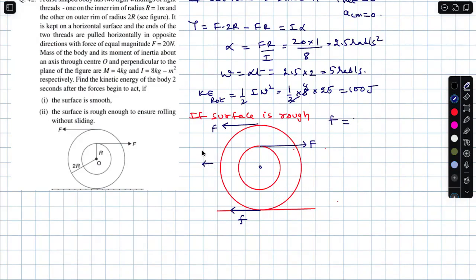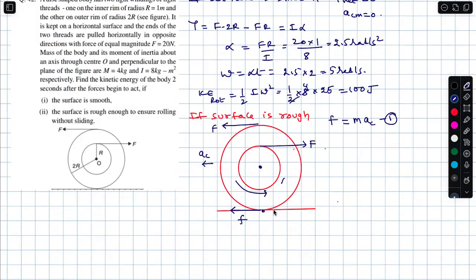So therefore, F is MAC. Equation 1. About the center, see, the torque is dominating like this. You may ask me how. Otherwise, how is pure rolling possible here?